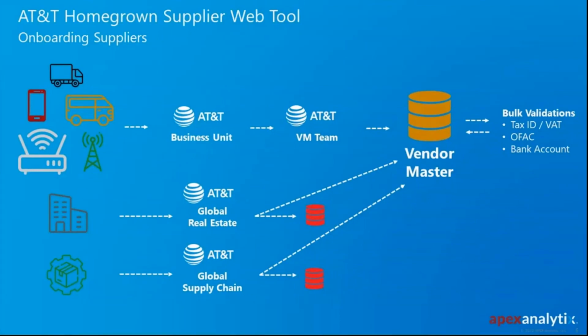We do have 5 different procurement systems that we work with across AT&T, both domestic and international, that global real estate and global supply chain both utilize. So there's a lot of specific needs for them. So we partner with them on a daily basis when it comes to our vendor master.